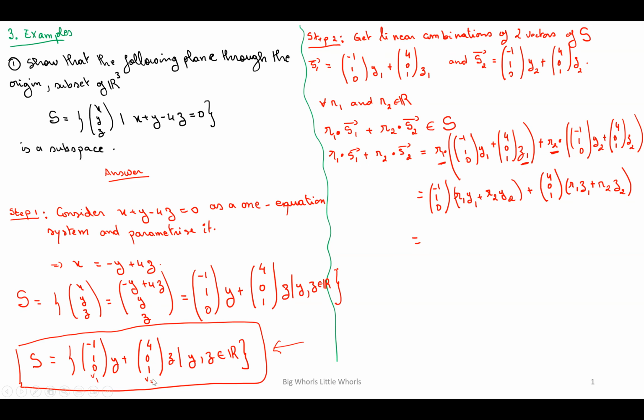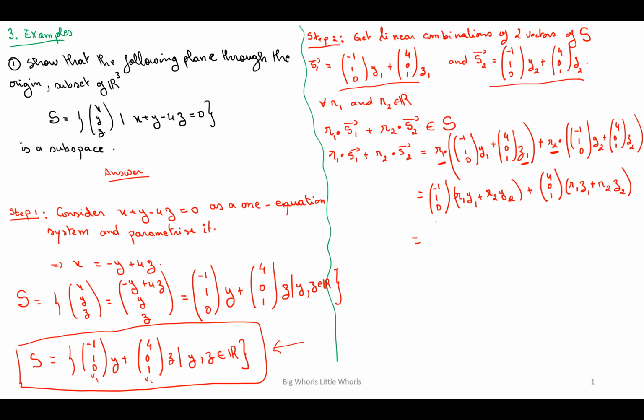If we pick two vectors from that subset, are we going to get a vector from that subset?